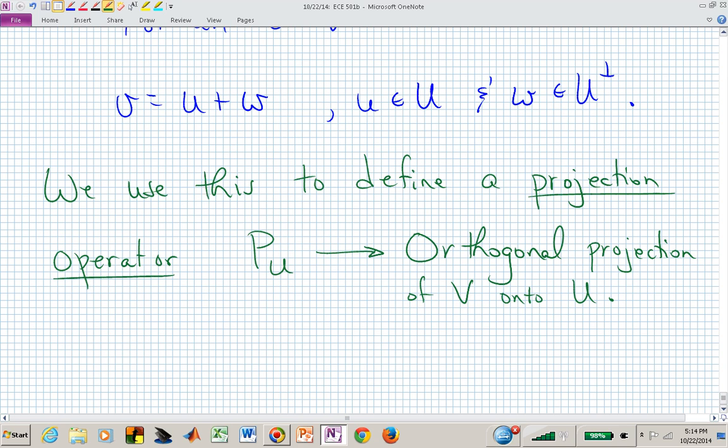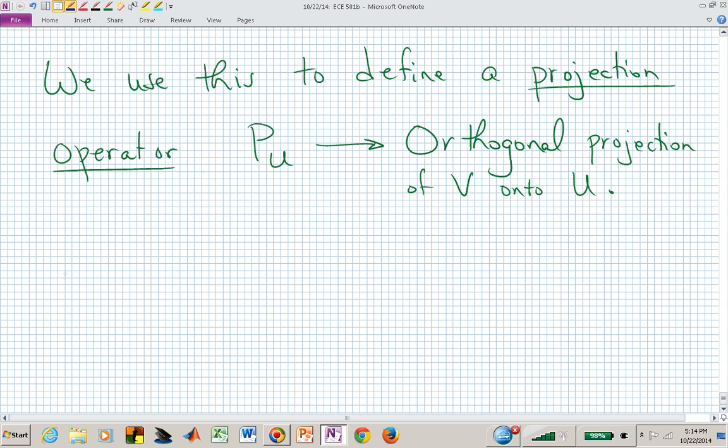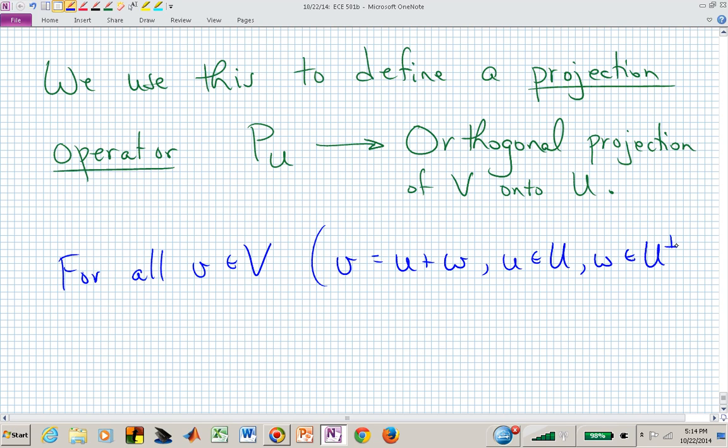So that's this projection operator. For all V in the vector space V, we can now say V is U plus W, where U is in big U and W is in U perp.